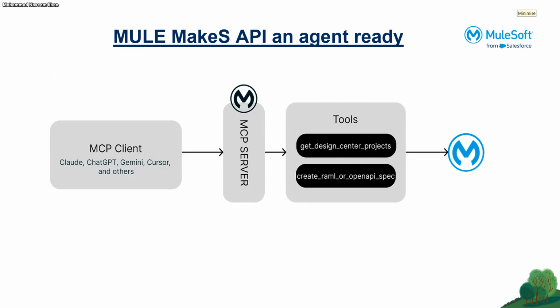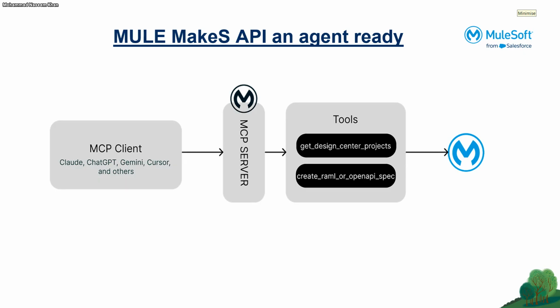In this image, I have described two tools: get design center projects, which I'll show you how I implemented, and the second one, create RAML specification. If I type, can you try to create Salesforce process API in RAML, first it will invoke get design center projects.